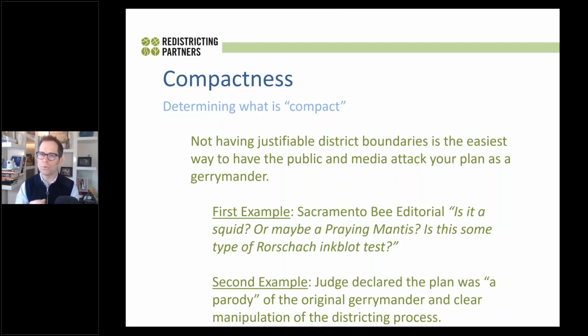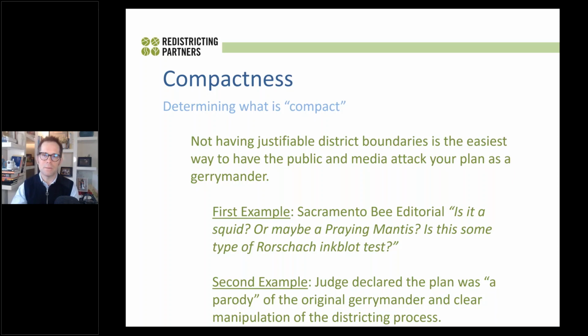It's also really important to understand redistricting is a much more public process. How the redistricting is seen by members of your community, by the media, and maybe even more importantly, how it's seen by attorneys in your area can help define whether or not your redistricting will be seen as a success. That first example, the Sacramento Bee called a praying mantis and had some colorful language to describe in an editorial what they thought of that redistricting.